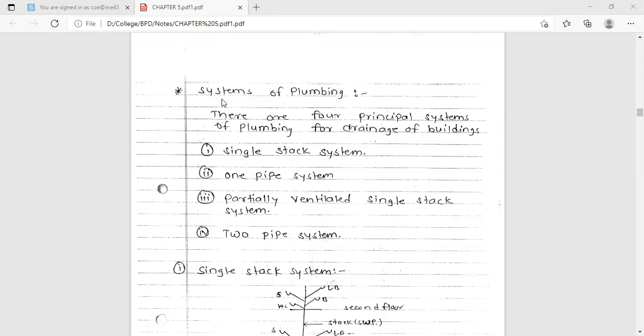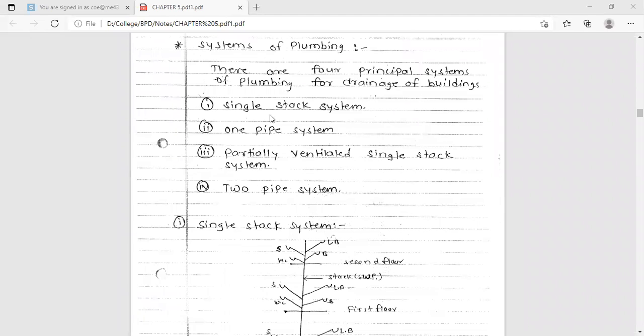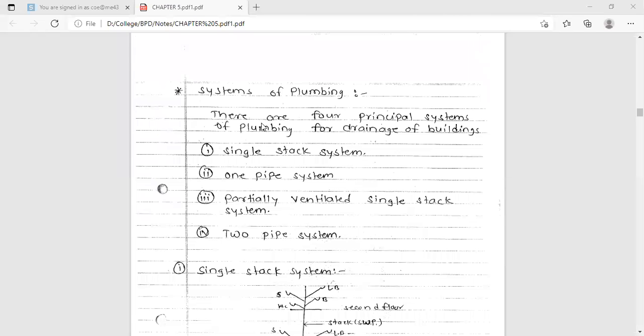Here, whatever plumbing system is there, means whatever outlets are there and their connection, in what manner we are going to provide it. Whether you are going to provide a single pipe for collection of all the wastewater from the various units, such as lavatory basin, sink and bathrooms, as well as the solid waste from the WC.